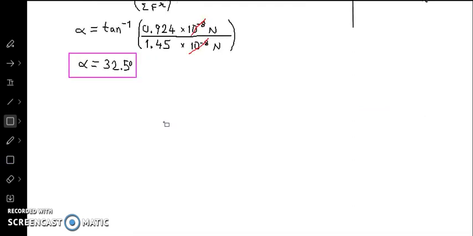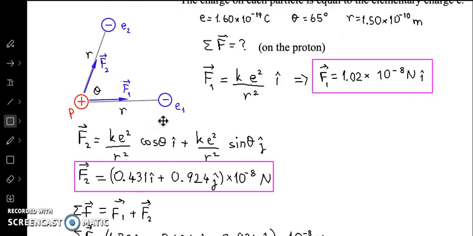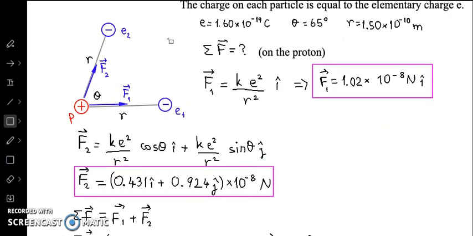If we go back to the picture, the two electrons are at the same distance, they have the same charge, so the magnitudes of F1 and F2, as we already saw, are equal. In that case, the net force vector will go through the middle point of the angle theta.